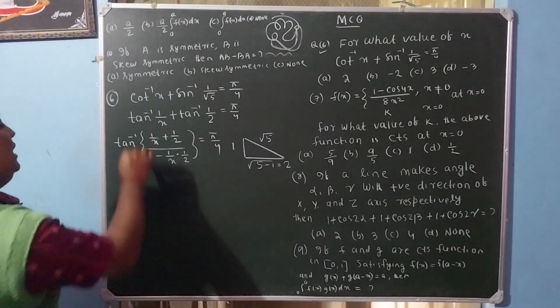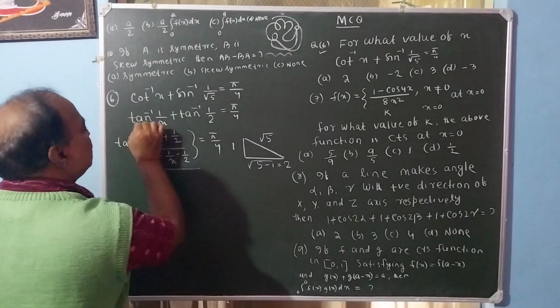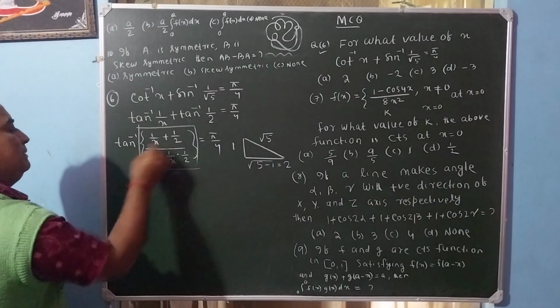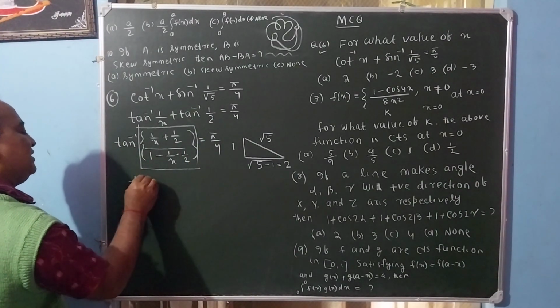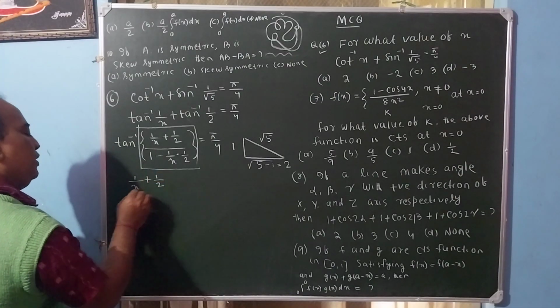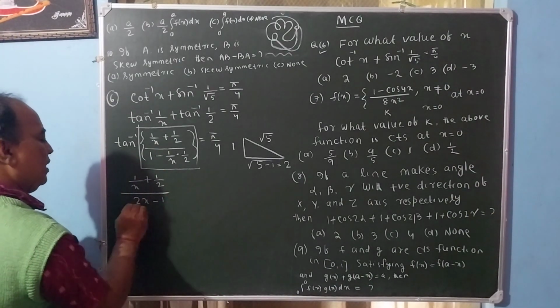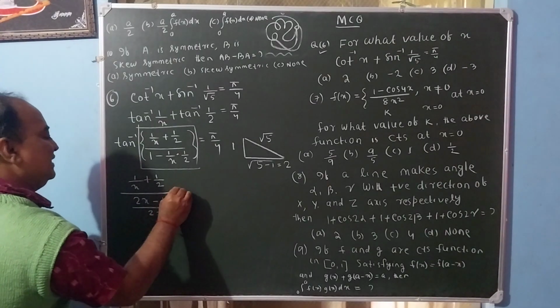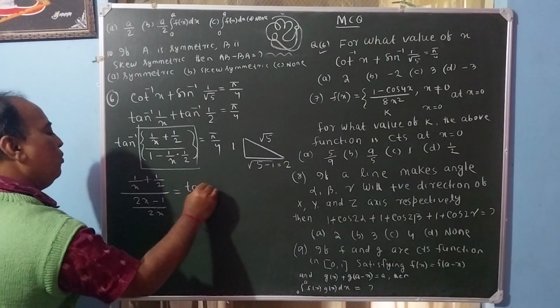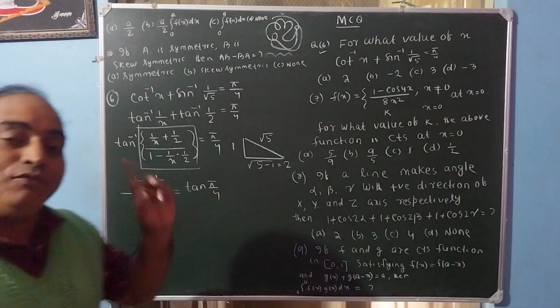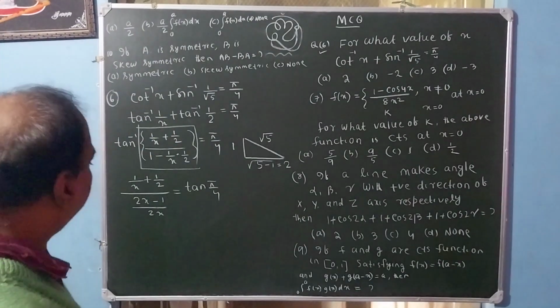So the value inside is (1 by x plus 1 by 2) divided by (2x minus 1 by 2x), which is equal to tan pi by 4. The value of tan pi by 4 is equal to 1.